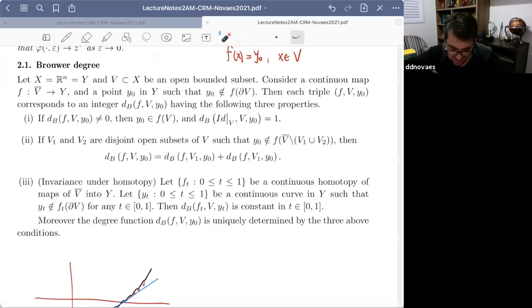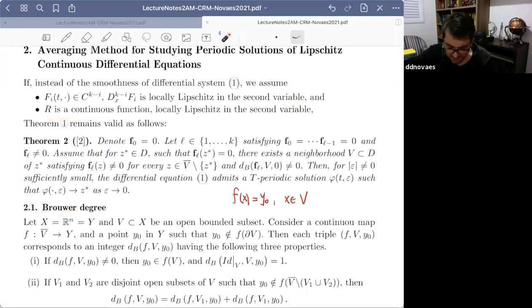So this means that in this theorem, if the average function FL is smooth, even if the difference equation is not smooth, it's just locally Lipschitz, then we can just look for simple zeros in order to conclude the existence of periodic solutions by the theorem.